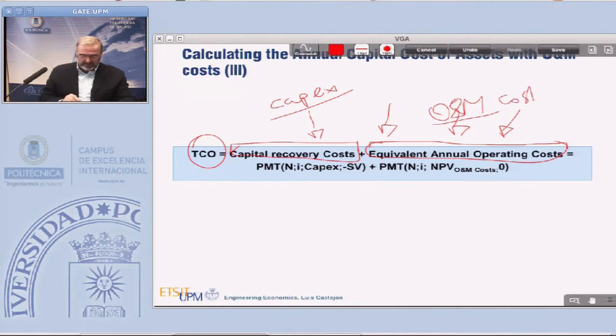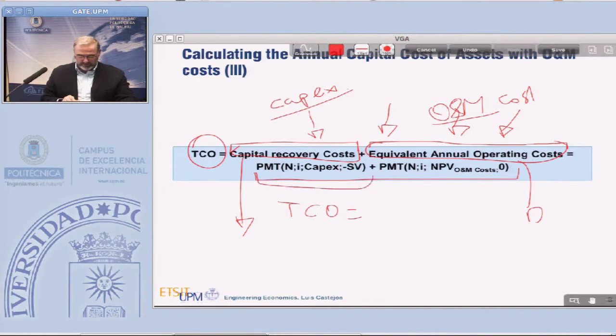The capex-related portion is what we call the capital recovery cost, and the other portion, related to the operation and maintenance cost, is the equivalent annual operating cost. Then the total cost of ownership will be the summation of both components.